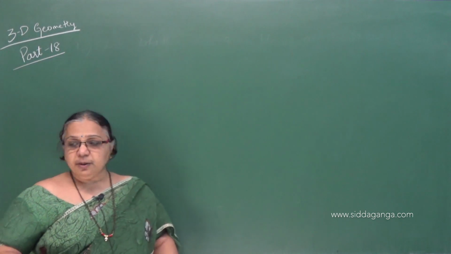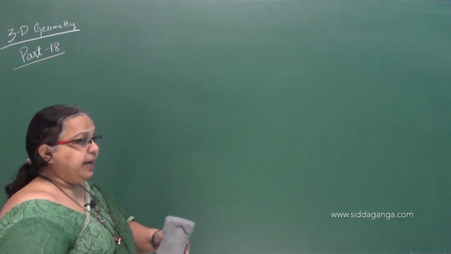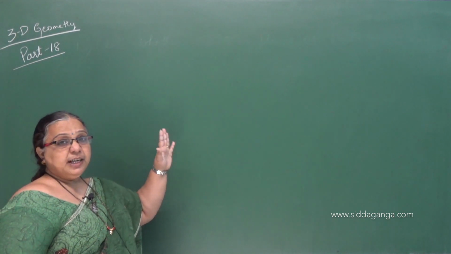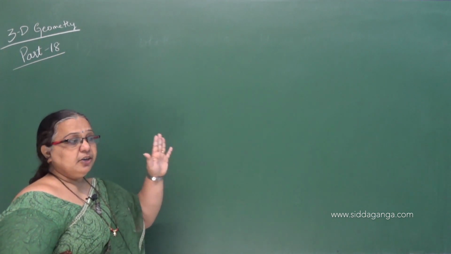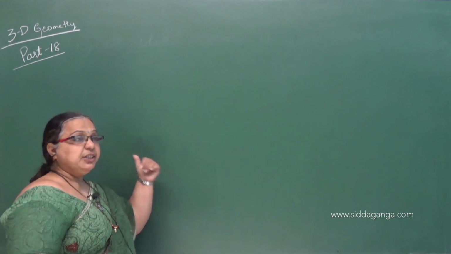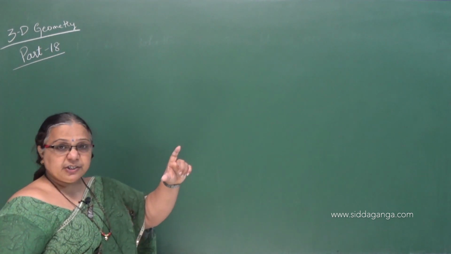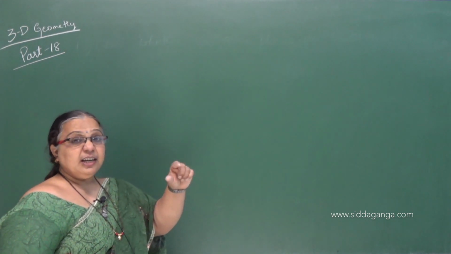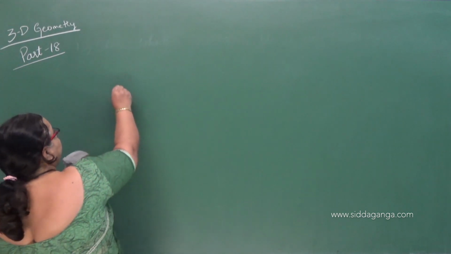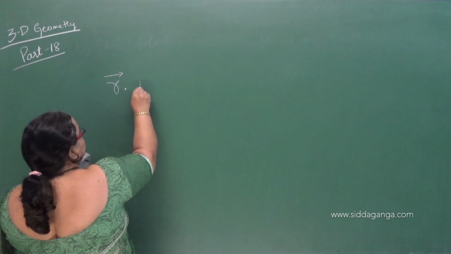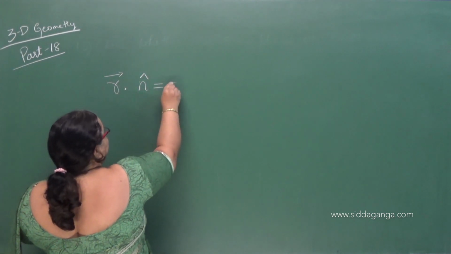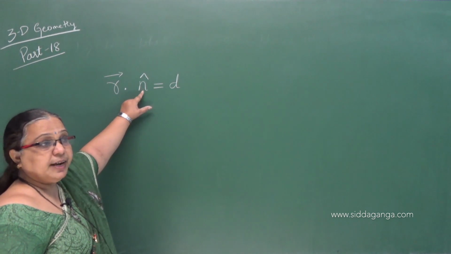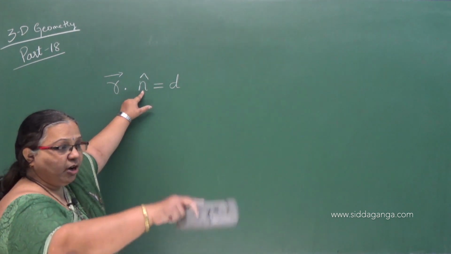The equation of the plane where the normal is drawn from the origin to the plane, and the distance of the plane from the origin along that normal vector is d, then the equation of the plane is given by vector r dot n cap equal to d, where n cap is the unit normal vector drawn along that normal vector.